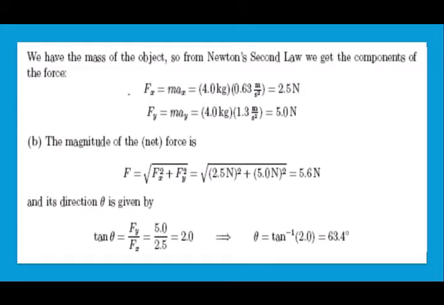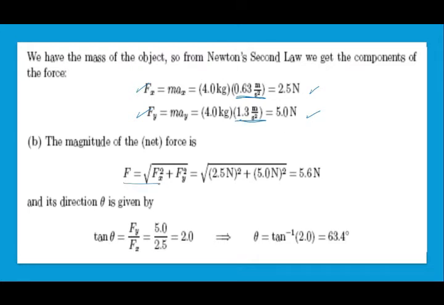Now, get the force with respect to the x component and the force with respect to the y component. Remember, this is the answer for acceleration with respect to x, and this is the answer for acceleration with respect to y. Using your calculator, you will arrive at this answer.